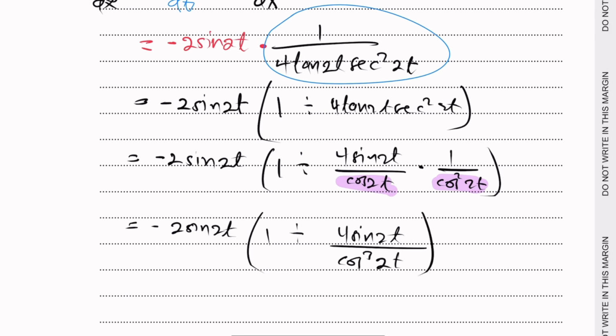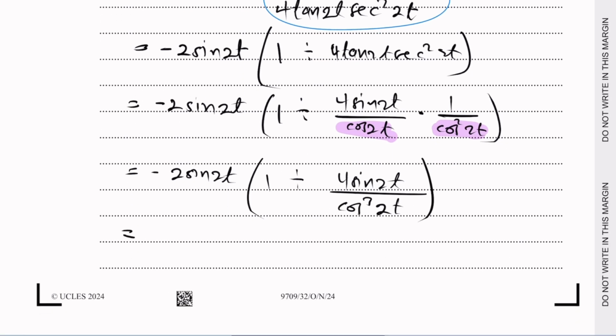Right. So that's great. Now the division becomes multiplication. So you have times and then you flip it upside down. You have cos cube 2t over 4 sine 2t. Good news. This cancels that. 2 goes here twice.